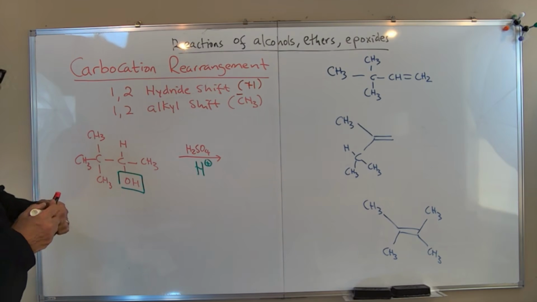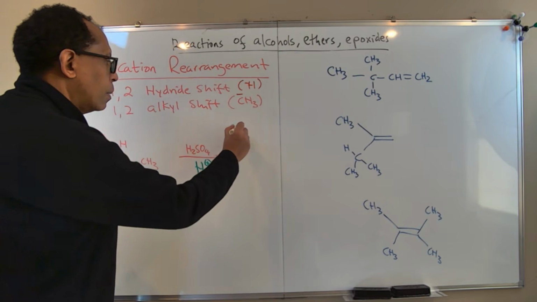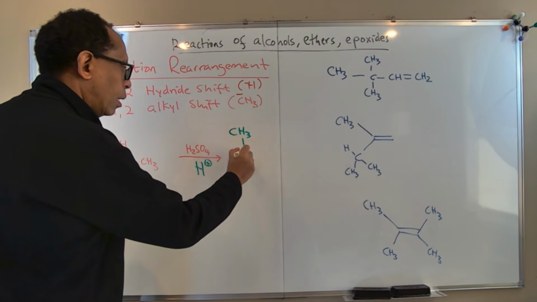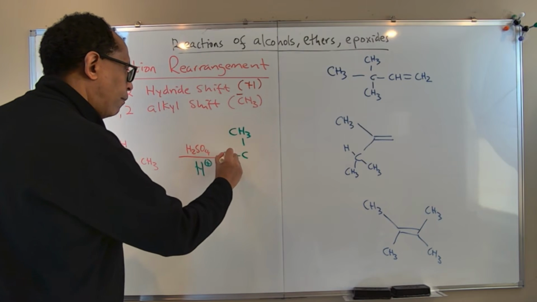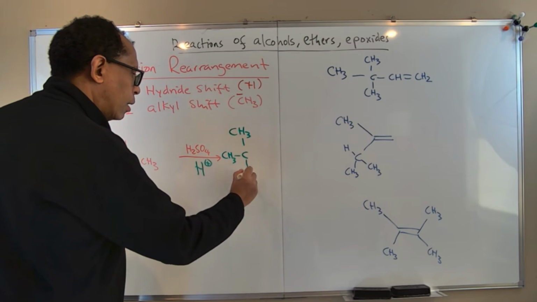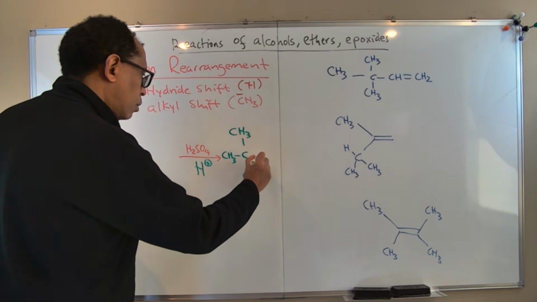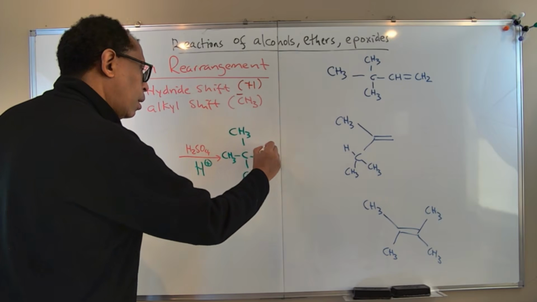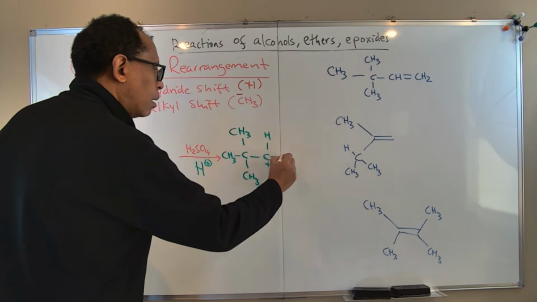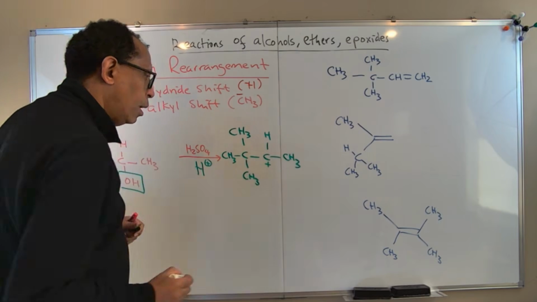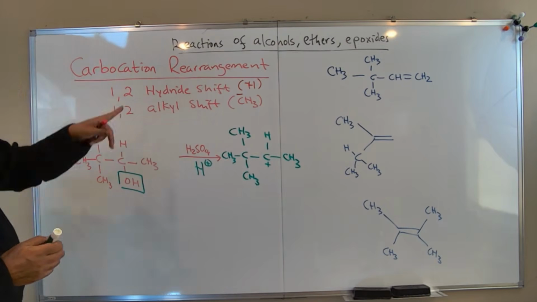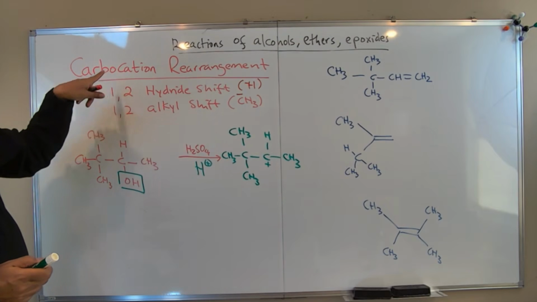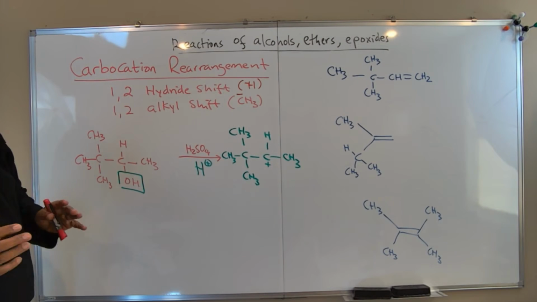Then you'd form a carbocation. I'm just taking that you have already understood the carbocation formation in the dehydration of alcohol. This is the intermediate we have. But I'm trying to introduce now what is a carbocation rearrangement.